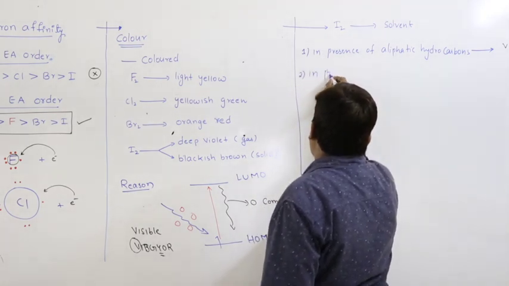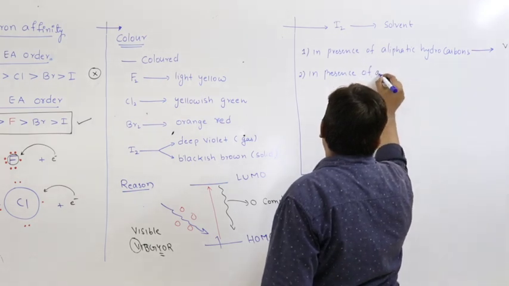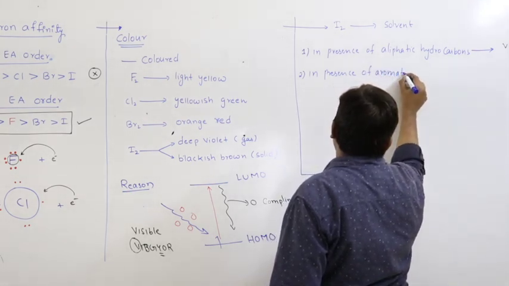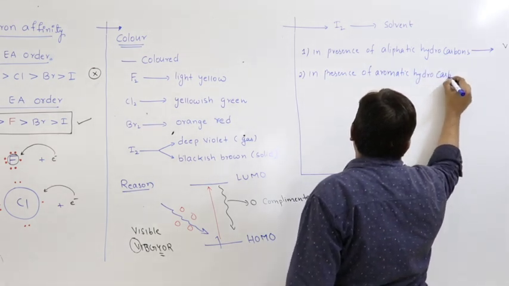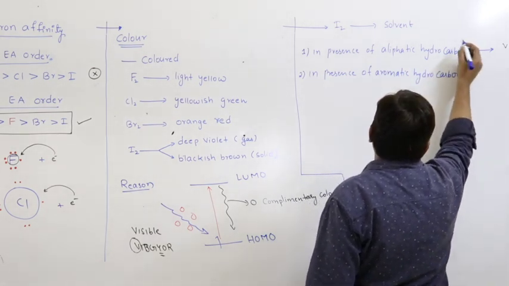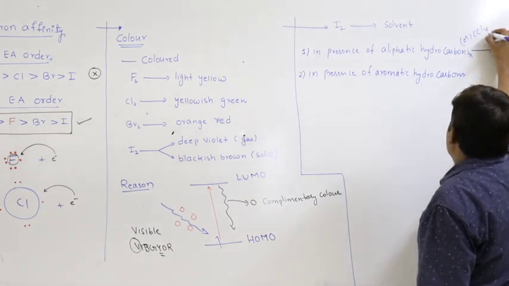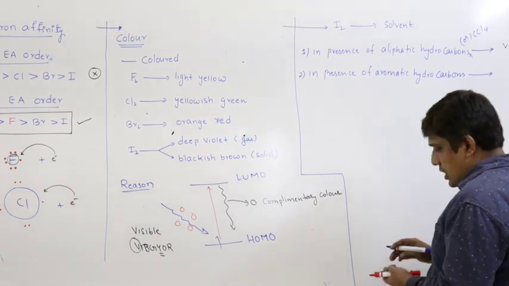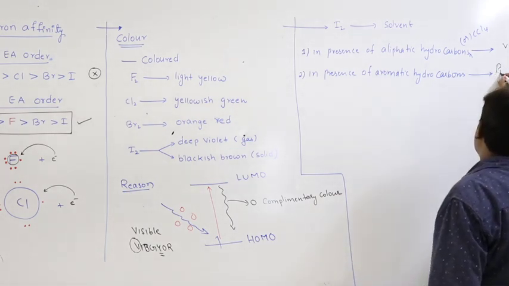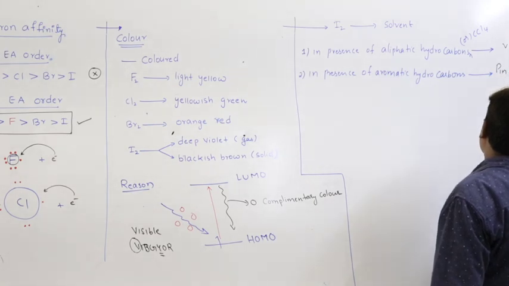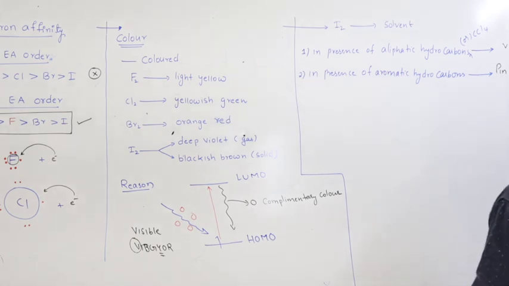In presence of aromatic hydrocarbons like benzene, you can even write CCl4, the color changes to pink, or you can write reddish brown.